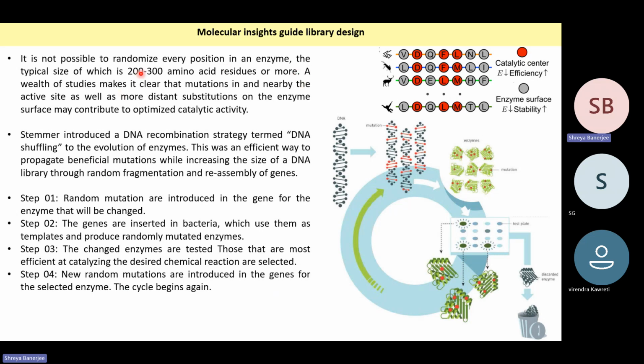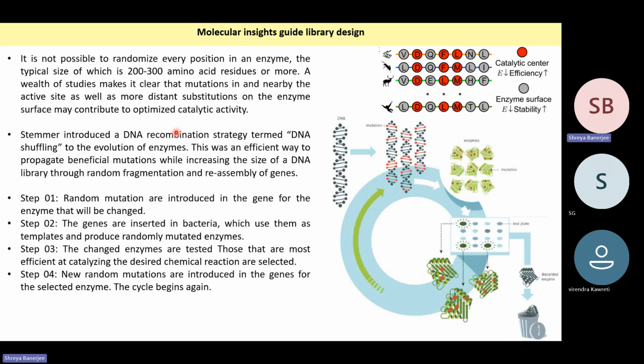So we have a database which makes it clear that mutations near the active site and some mutations slightly away from the active site will contribute to the catalytic activity. So this knowledge is very important. That was what we studied as site-directed mutagenesis, where we know which region needs to be mutated.